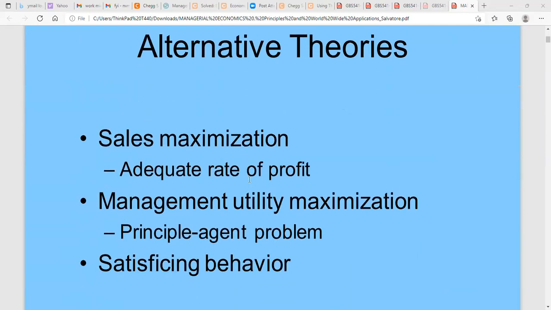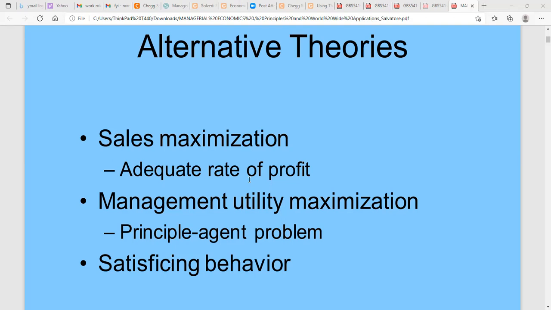There are other alternative theories that have been theorized in managerial economics. We have the sales maximization theory, which simply says that firms are there to maximize their sales. They emphasize having sales or an adequate rate of profits rather than just maximizing profits.